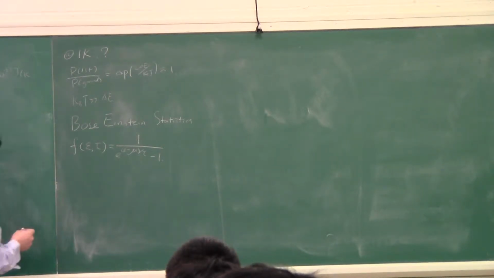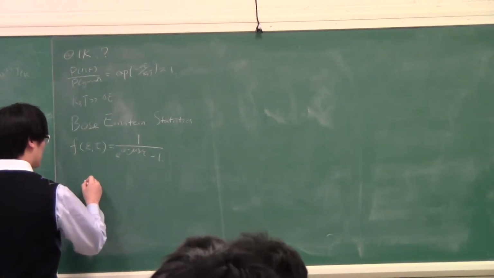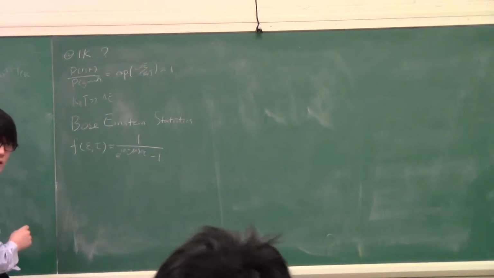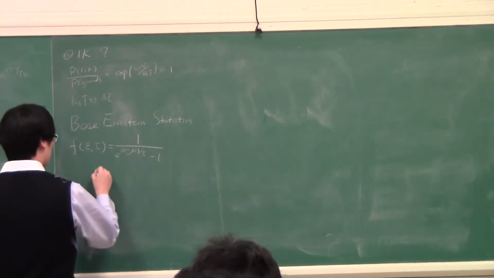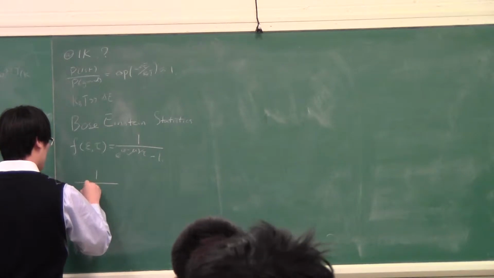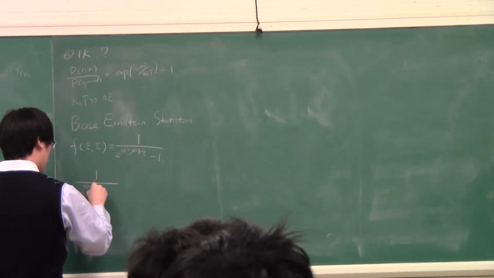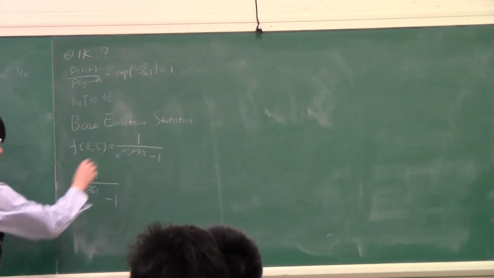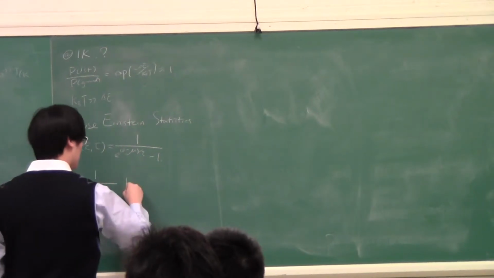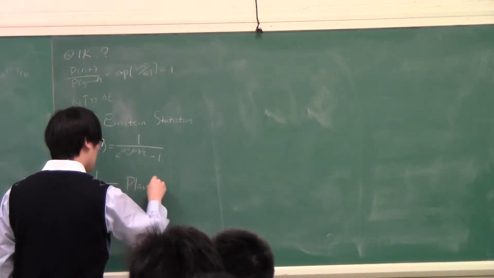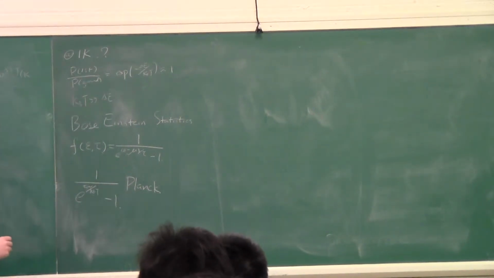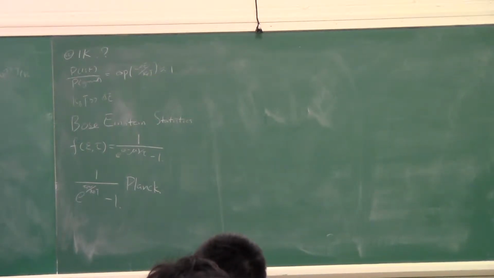In terms of the occupation probability, it was 1 over e to the ħω over τ, minus 1. This is for Planck, and it talks about the occupation probability for photons.